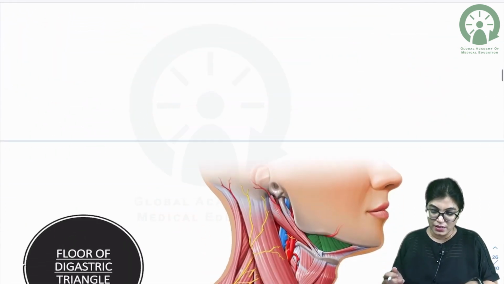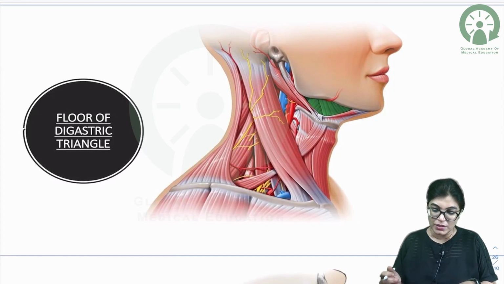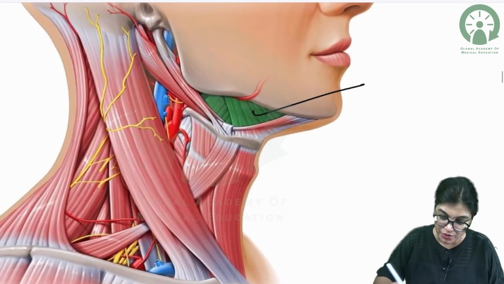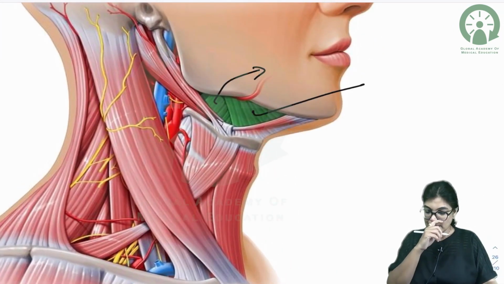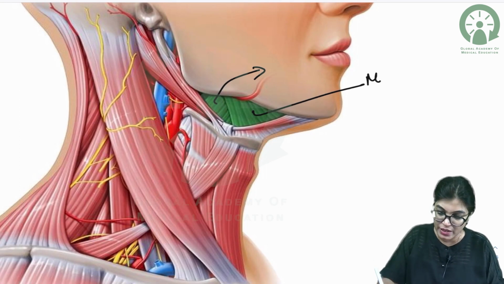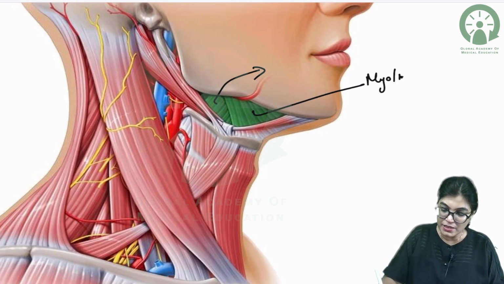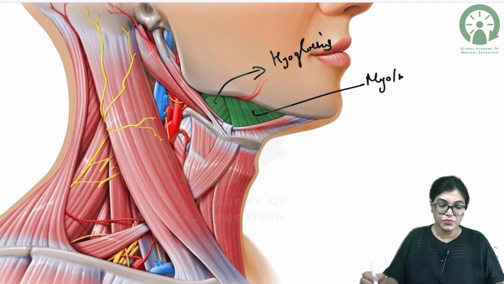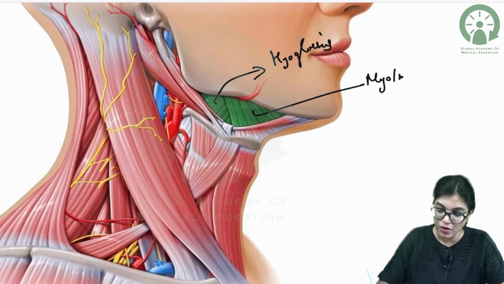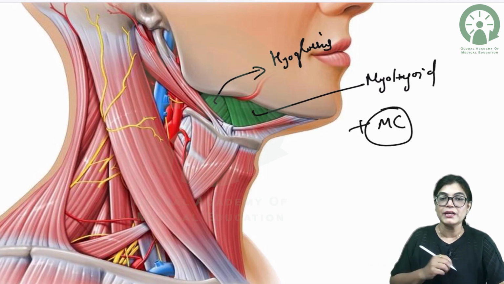Now let's talk about the floor of the digastric triangle. Two important muscles have been shown in the floor, the mylohyoid and hyoglossus muscles. The floor is formed by hyoglossus and mylohyoid muscle, and also the muscle which is not shown, the middle constrictor muscle.